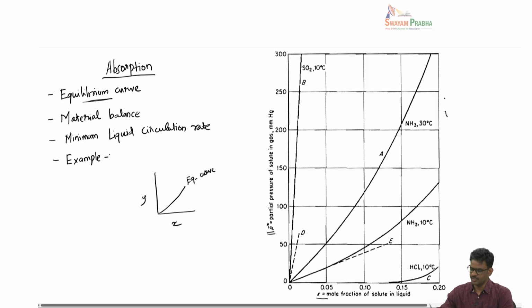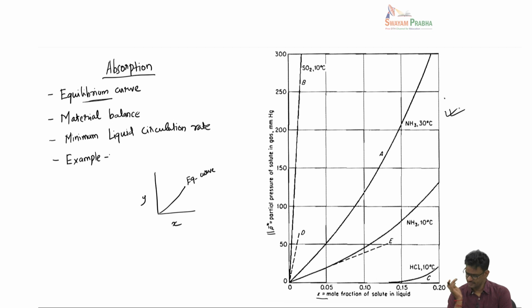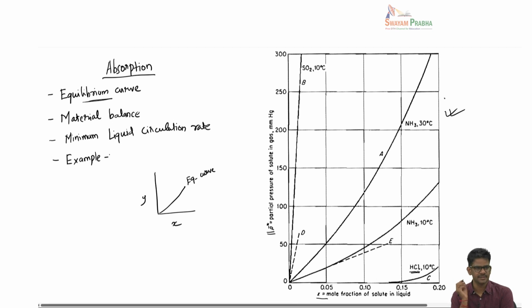And what is shown in this particular plot is realistic solubility data for a set of compounds. For example, data is given for HCl at 10 degrees Celsius, ammonia at 10 degrees Celsius, ammonia at 30 degrees Celsius, and sulfur dioxide SO2 at 10 degrees Celsius.